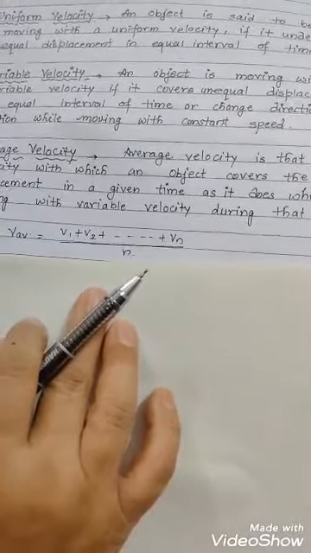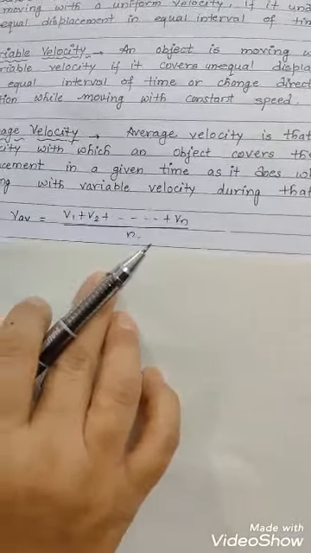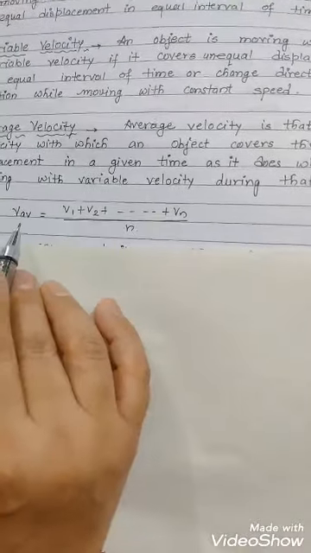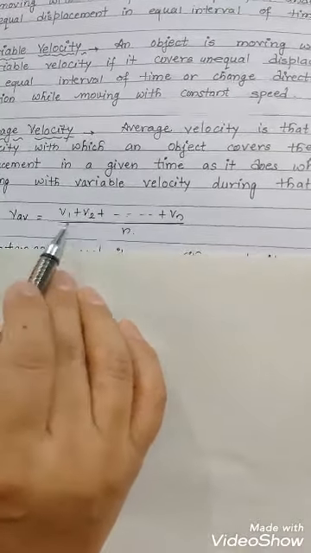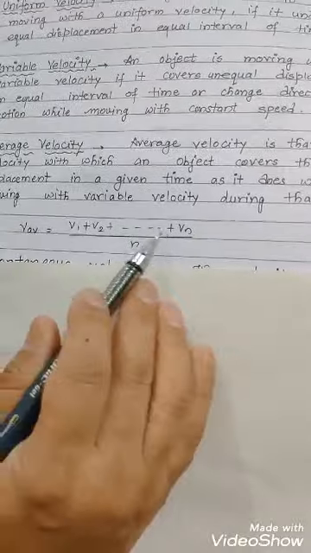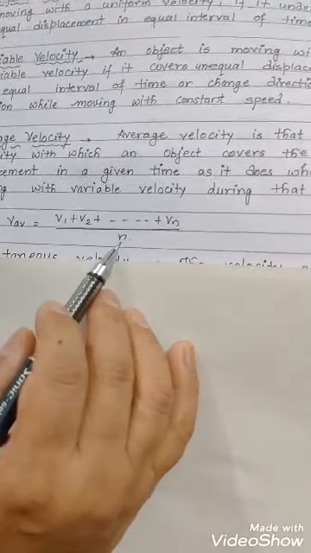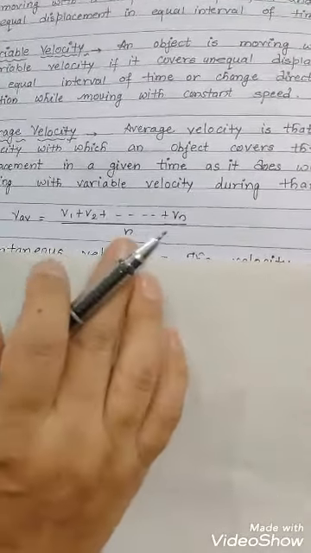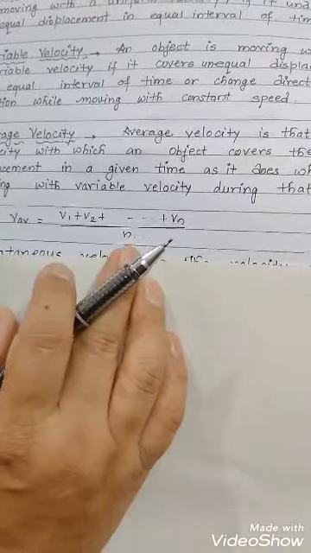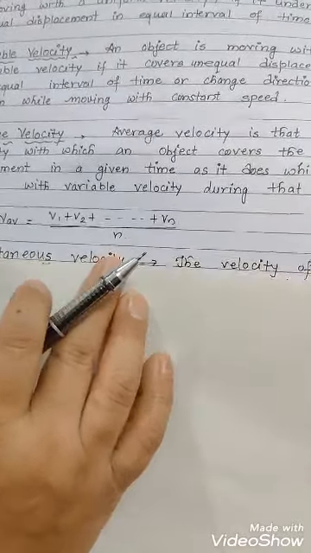For the average velocity we can use this formula: V average is equal to V1 plus V2 and so on plus Vn upon n. That means simply the sum of all the velocities divided by the number of velocities we have taken here.